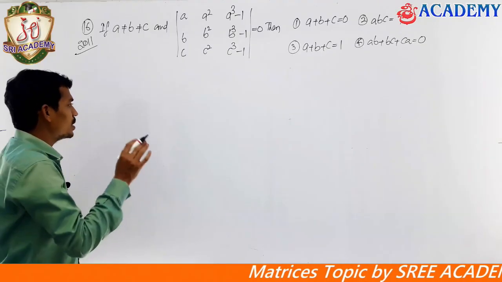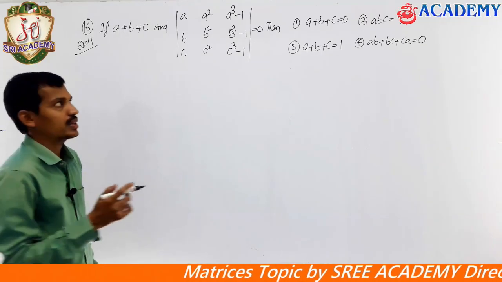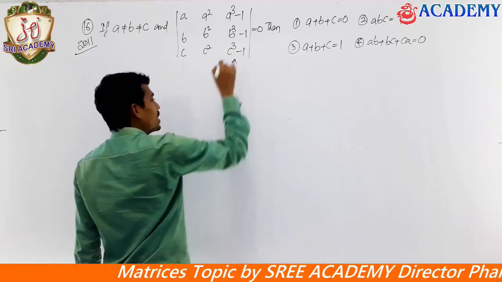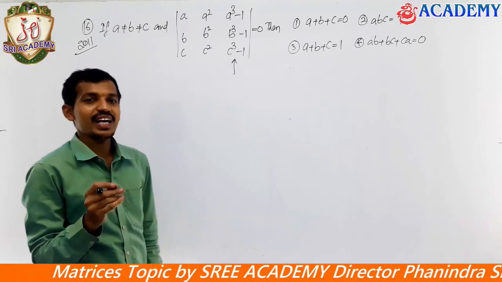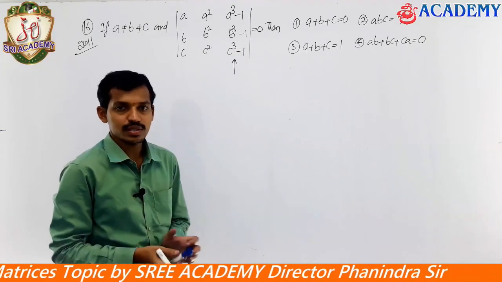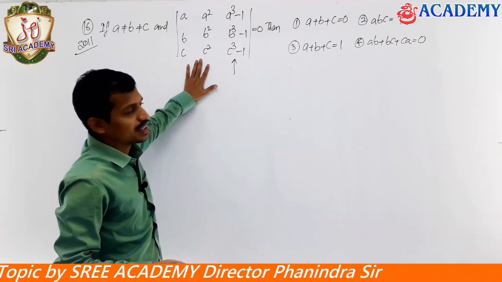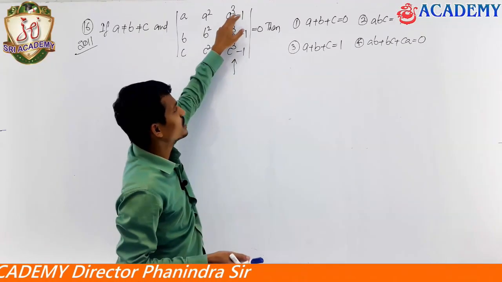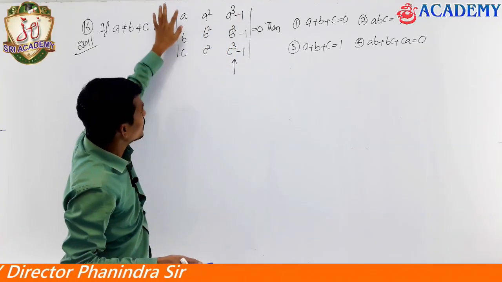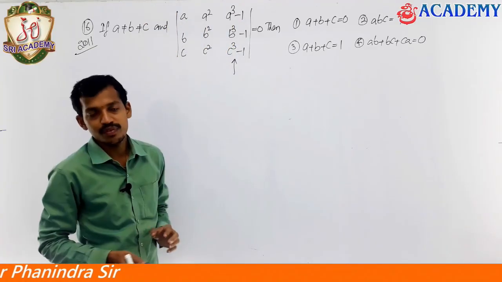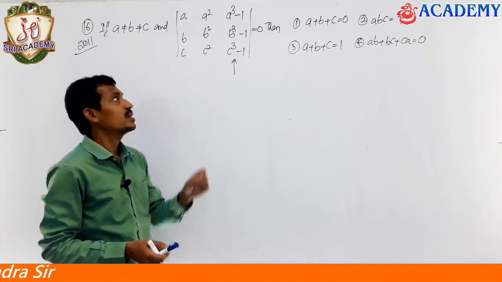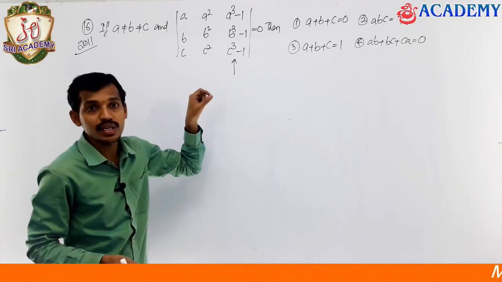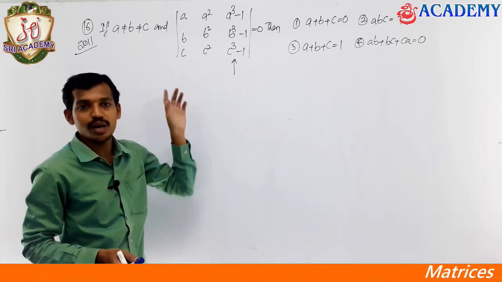See, in determinants we have one property: if any row or any column has addition of numbers, we can represent this matrix determinant as addition of 2 matrices. For suppose here, in the first row, A plus 1, B, A square plus B, B, A cube minus 1, then we can split it into 2 matrices.